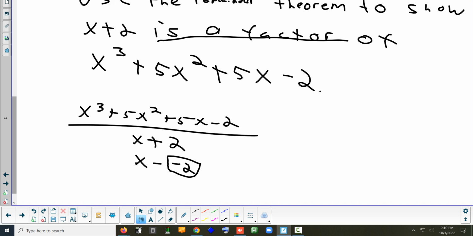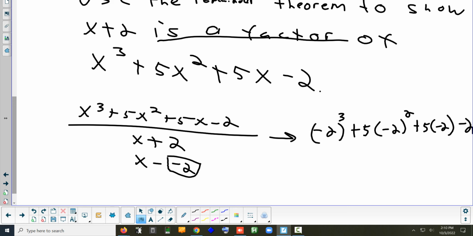Now, Tony, what number am I going to plug into the top? Negative 2. Okay, let's see what happens. So fill negative 2 in for x. This is the remainder theorem. Negative 2 cubed, 5 times negative 2 squared, plus 5 times negative 2 minus 2.